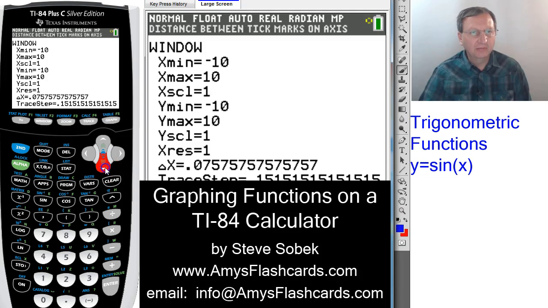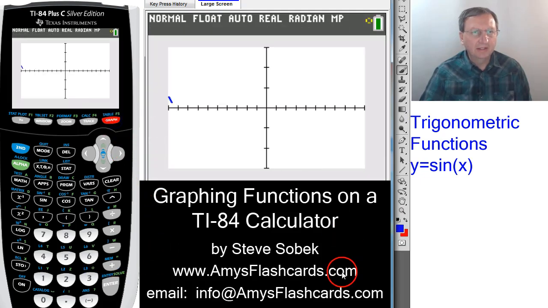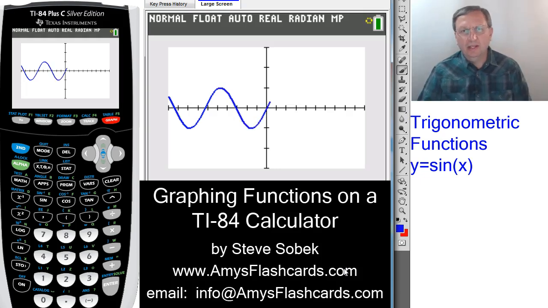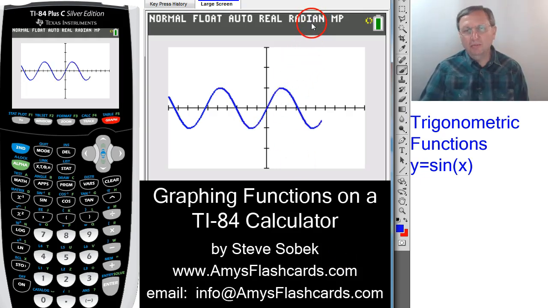No big deal. Maybe real quickly, let's go with -3 for the min, +3 for the max, and that might make it look a little bit better. But that's fine. Notice that I'm in radian mode.